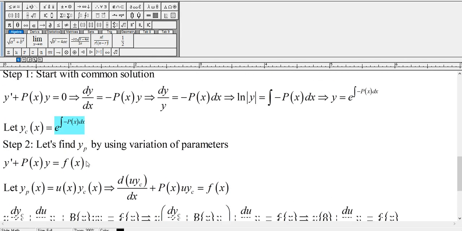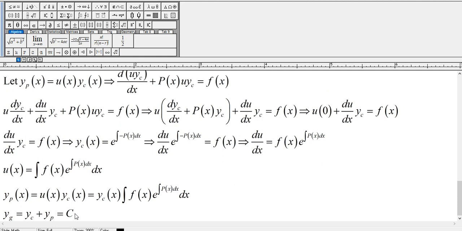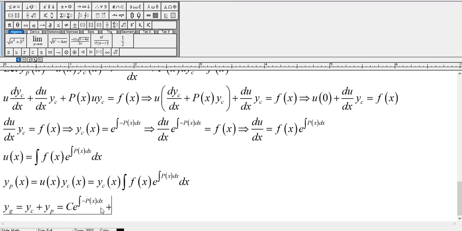That's my common solution. And notice how I put my constant of integration with my common solution. Plus, and now my particular, which happens to be this. And we're good? That is my solution.